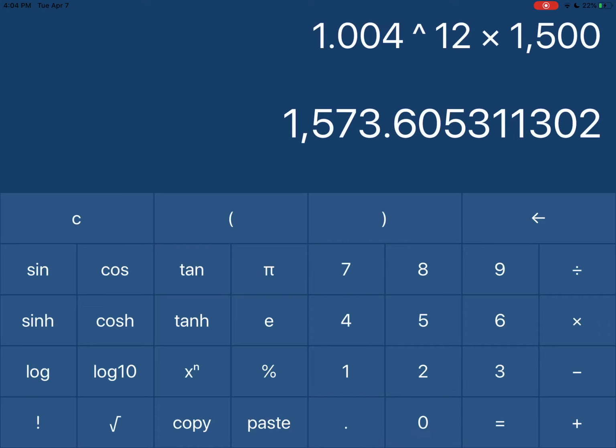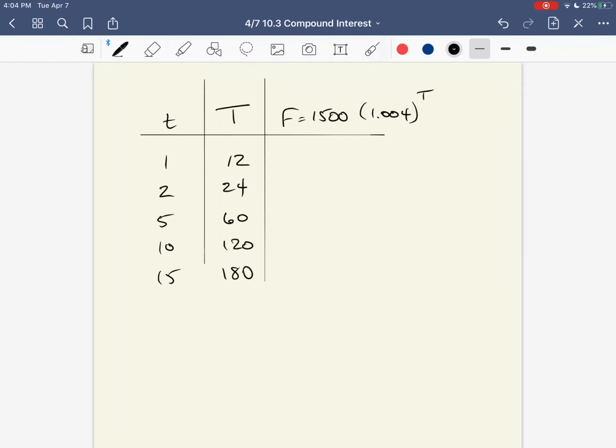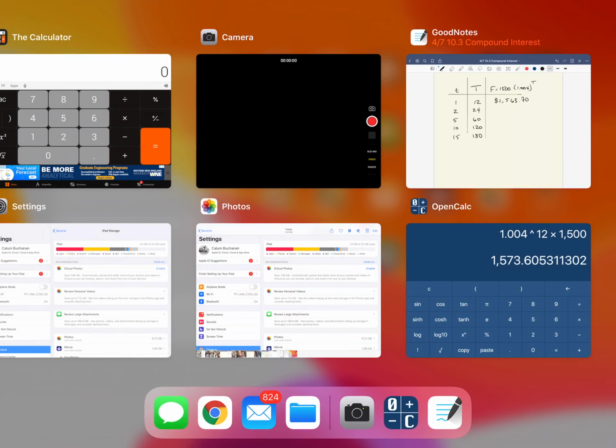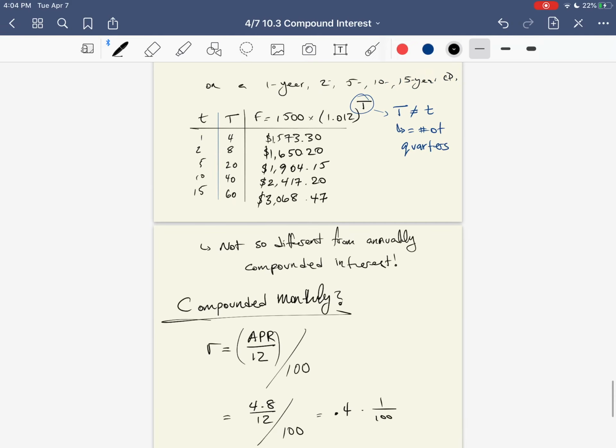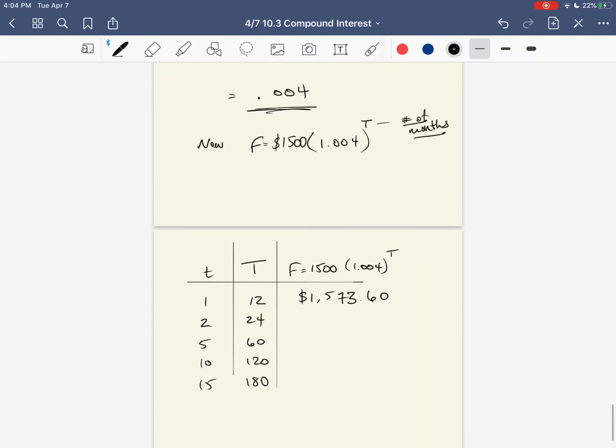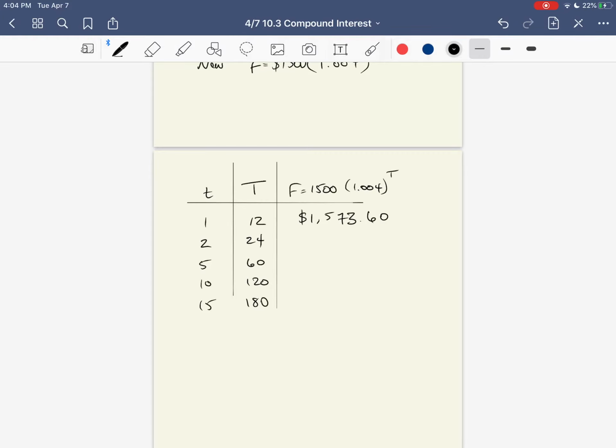We get $1,573 and 60 cents. And yet again, this is quite amazing. Only 30 cents of difference there. 30 cents of difference. Nothing.